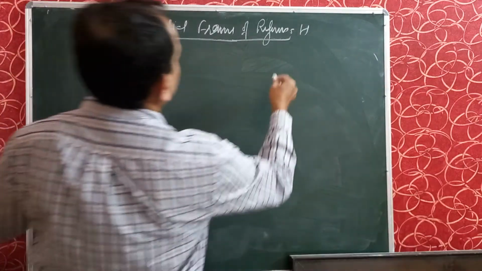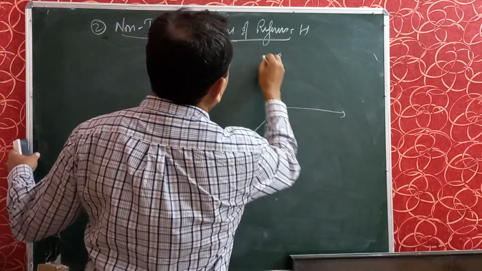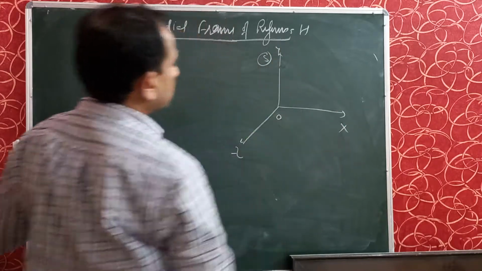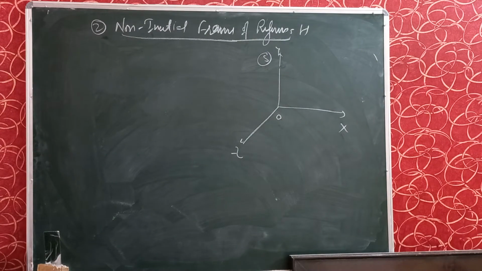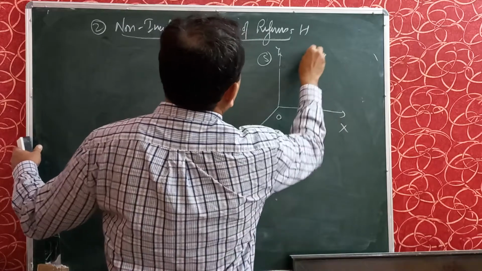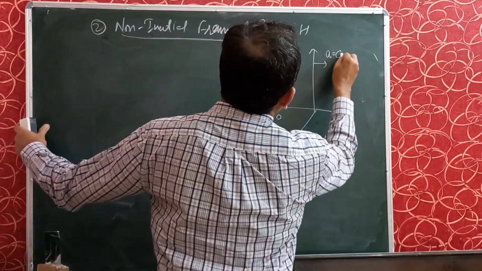We know that there are two different frames. The first frame is at rest, with x-axis, y-axis, z-axis. This frame is at rest. And the second frame is moving with variable velocity or constant acceleration.